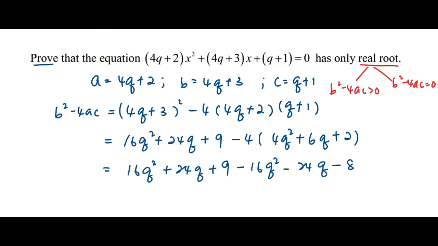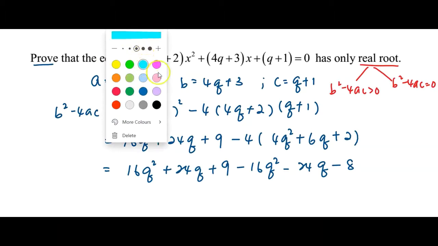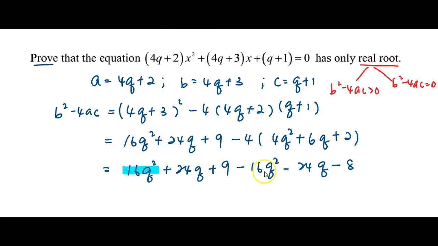So now you can see that the term of 16q squared and the negative 16q squared cancel each other, and 24q minus 24q also disappear. So now we are left with 9 minus 8, that is equal to 1. So the 1 here, you can say that this is greater than 0.